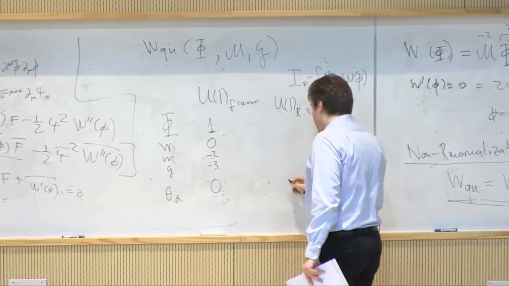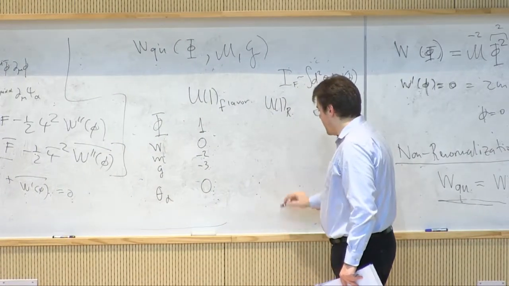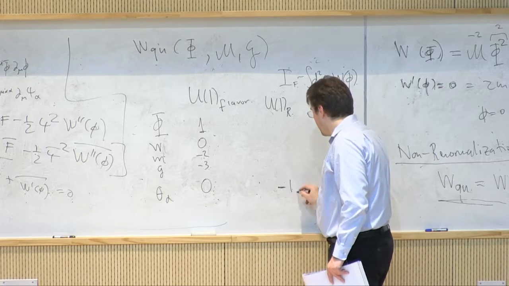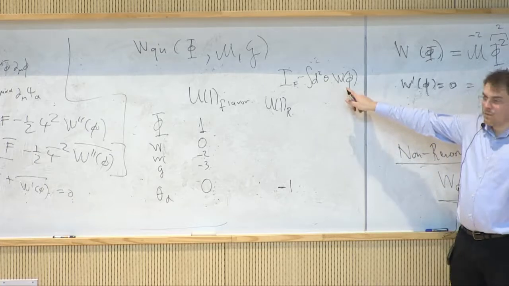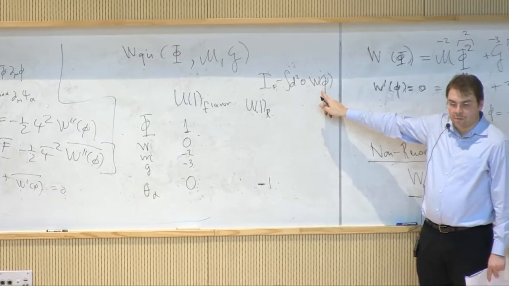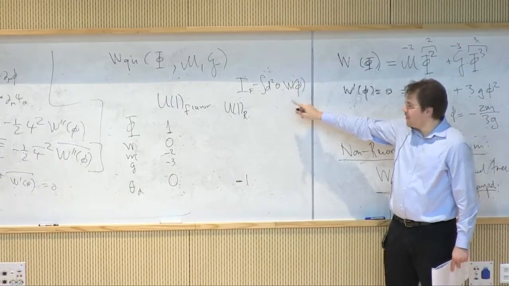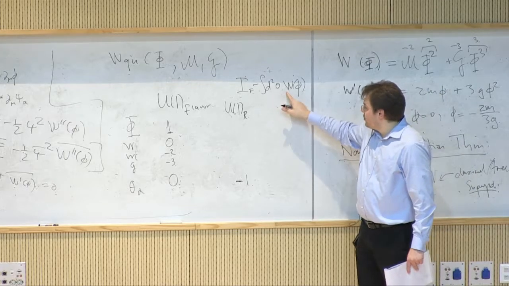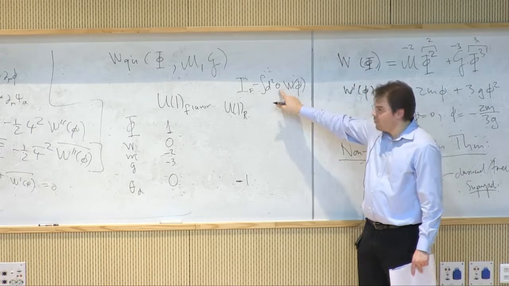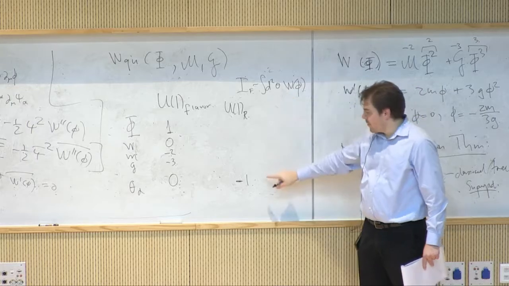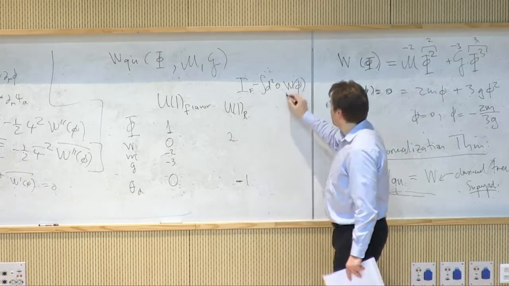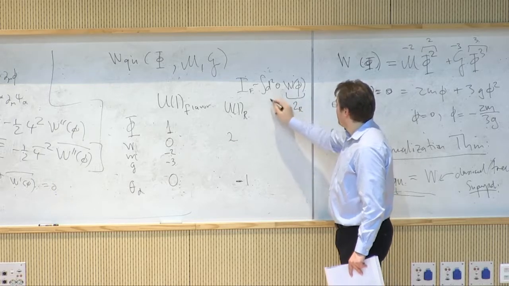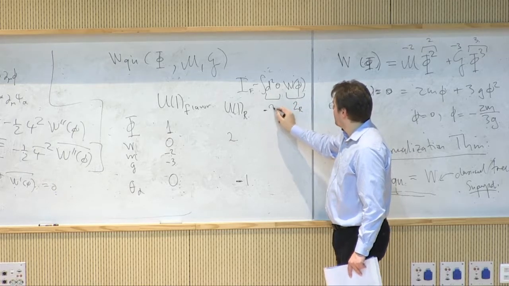So the real difference here between a flavor symmetry and an R symmetry is that the superspace coordinate carries R charge -1. And then by the same logic that before said that the W superpotential should be neutral under the flavor symmetry, says now that it should have R charge 2, because we have two thetas of R charge -1 sitting in front here. Okay? So W has R charge 2, and this has R charge -2.